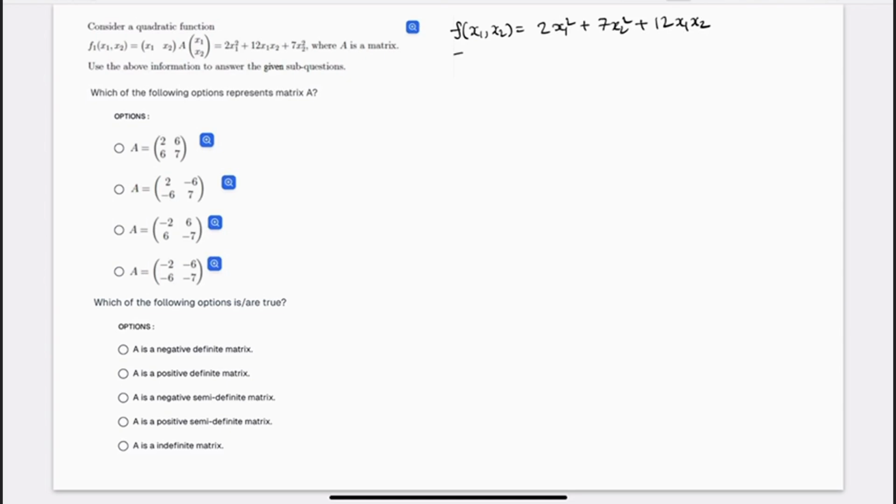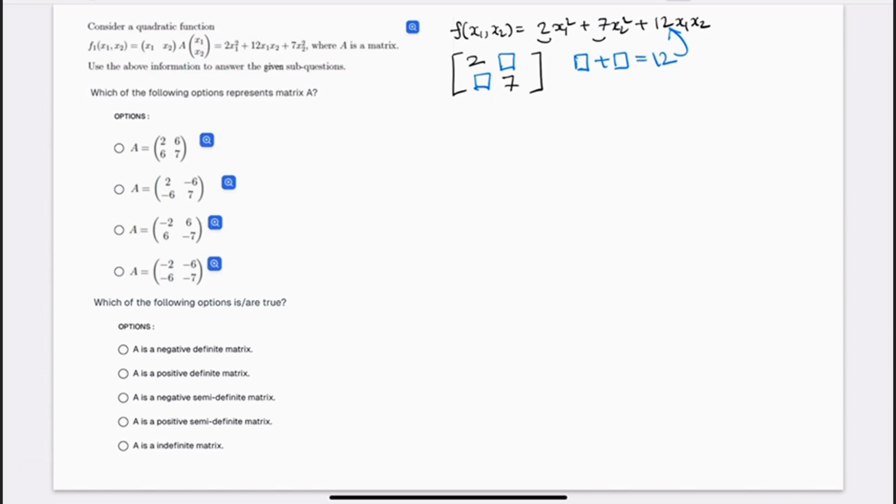So the matrix representation for this quadratic form will be such that the coefficient of the square terms, which are 2 and 7, will go into the leading diagonal, and the other two terms will not be 0, they will be such that they sum up to 12. Why 12? Because 12 is the coefficient of x1 x2, right?